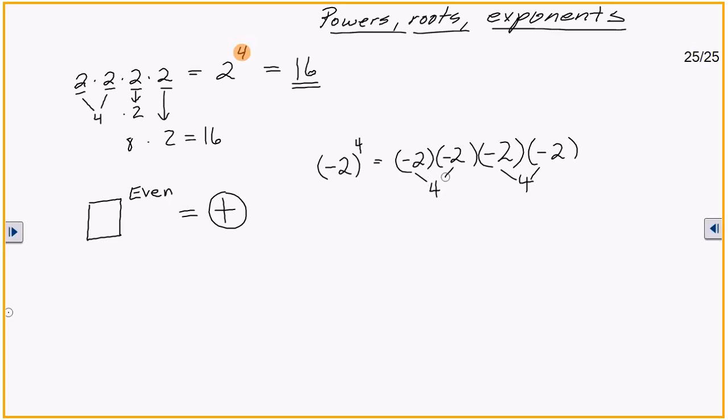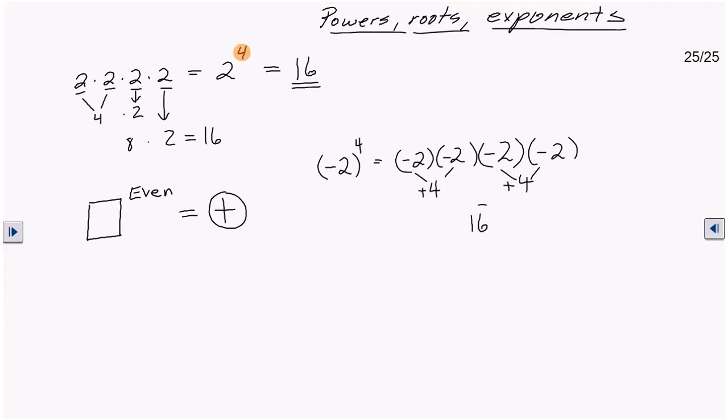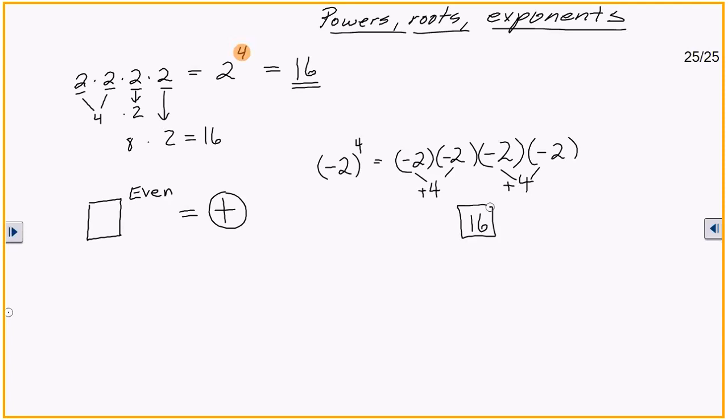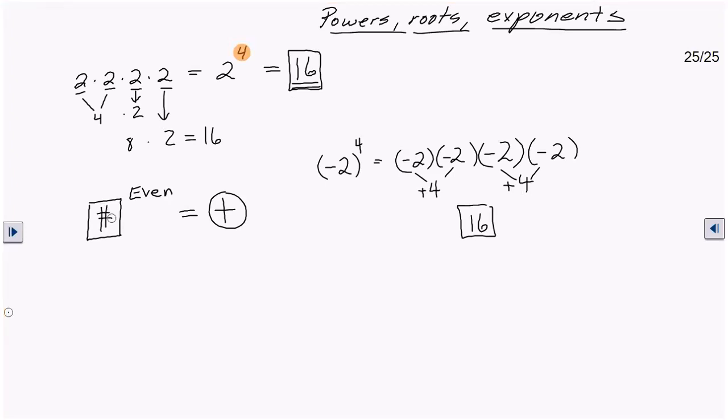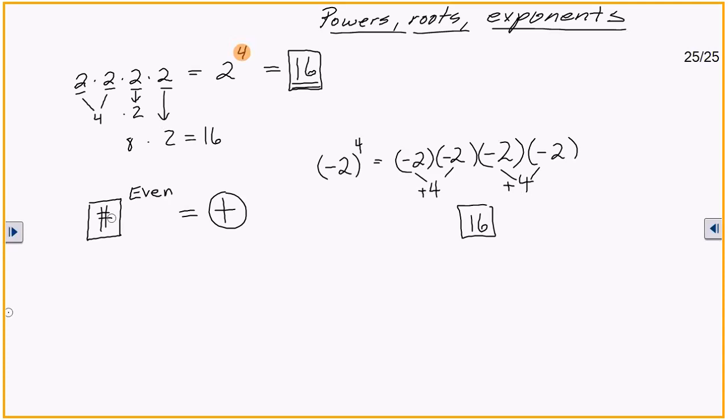What is +4 times +4? +16. So it doesn't matter what you have, if you have +2 to the fourth power or -2 to the fourth power, you're still going to get +16. So the property that goes with that is any number raised to an even power is always going to give you a positive.